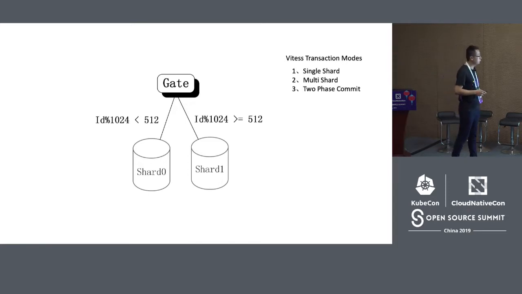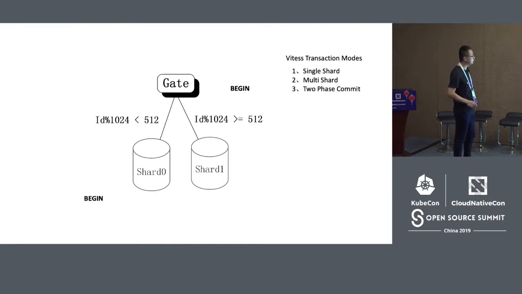It's also using the ID for the sharding. If it's less than 512, I'm going to put it into shard 0, and for those that are not, I will put it into shard 1.